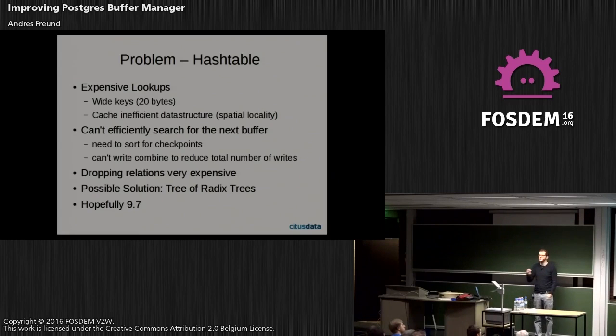This also has the problem that, pretty much by definition, a hash table doesn't have a meaningful ordering. It would be very nice if we didn't have to sort the buffers to do the sorted checkpoint. And more importantly, it would be very nice that if we decide we need to write out one dirty page, we could ask whether any of the neighboring pages in the file are also dirty, and write them out at once, because that saves I/O ops on the disk device, and it saves us the syscall.